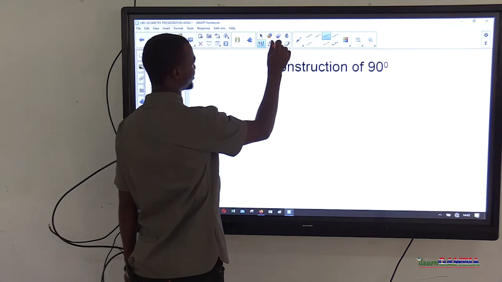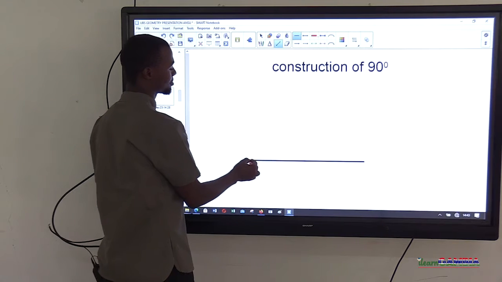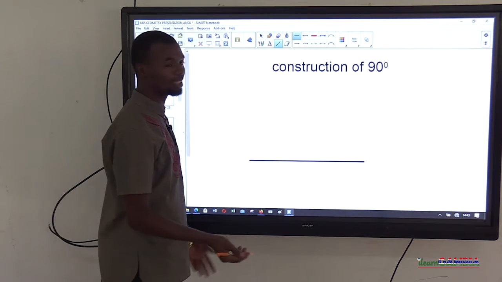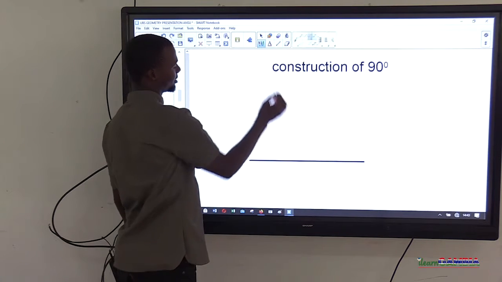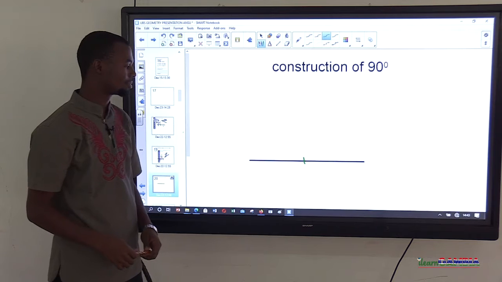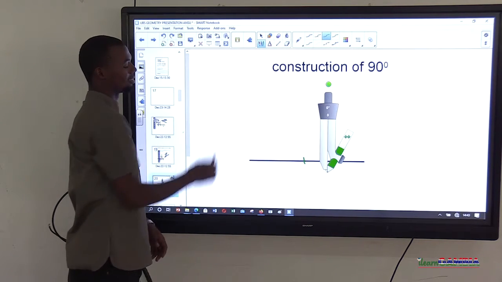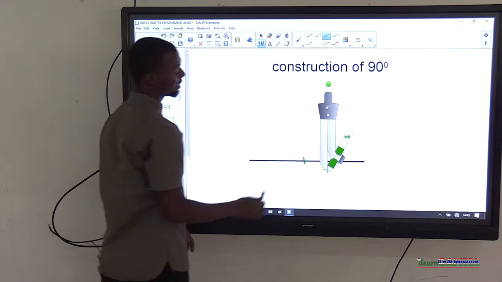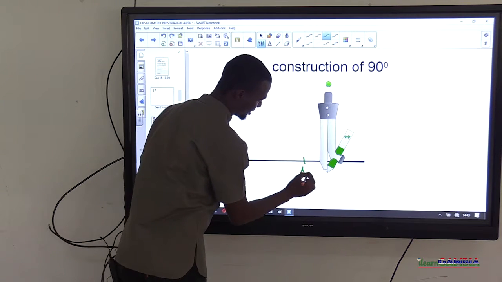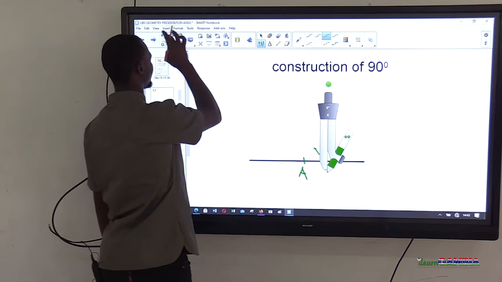Let's look at that. You get a line, mark off a point on the line. So I'll mark off a point on the line. Take the compass, and the point that I mark off, I'll name that point A. So stand with A as the center.